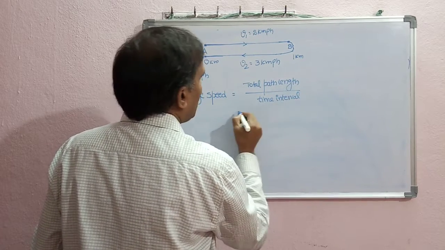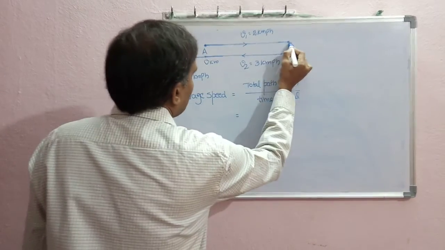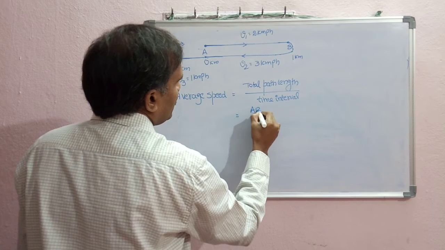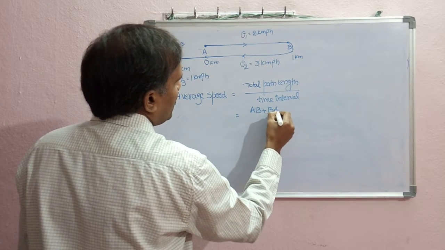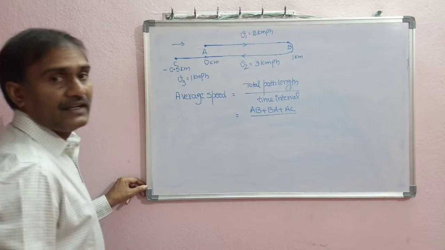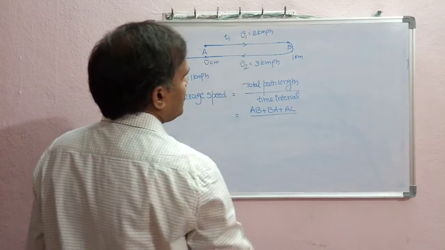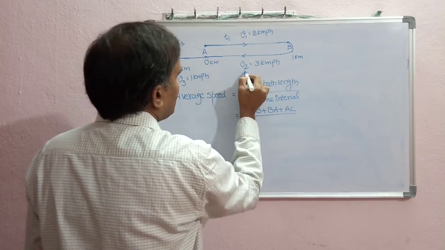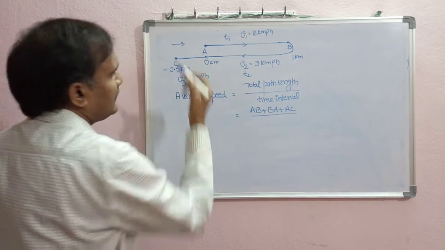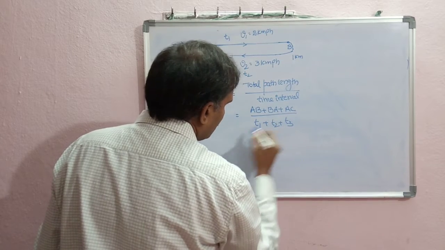What is the total path length traveled by the particle? AB plus BA plus AC, divided by time interval. For the first journey, the time interval is T1. For the second, T2. For the third, you can assume the time interval is T3. So the total is T1 plus T2 plus T3.